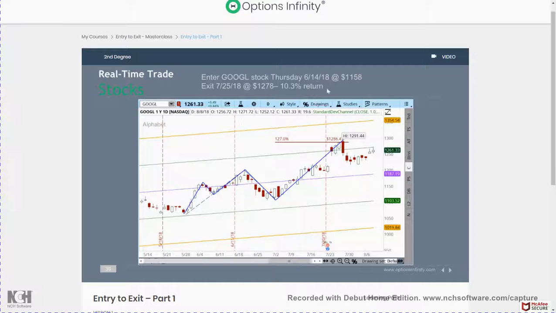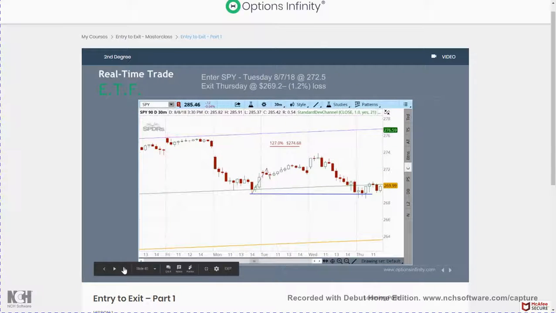I got in at 11:58. I exited about a month and a half later when it came up here to the 127, at 12.78, which is a 10.3% return on a stock in a month and a half using these principles.